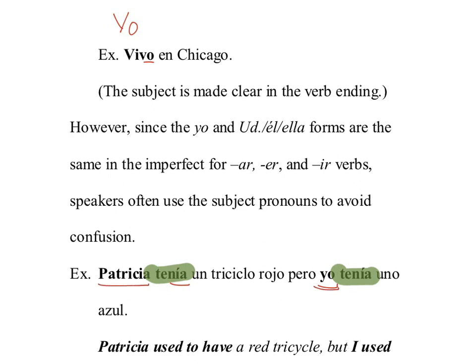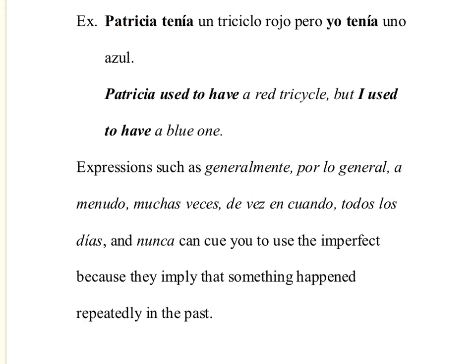So we have to use the subject pronouns so we know we're saying the difference between Patricia had and I had. So the translation is, Patricia used to have a red tricycle, but I used to have a blue one.